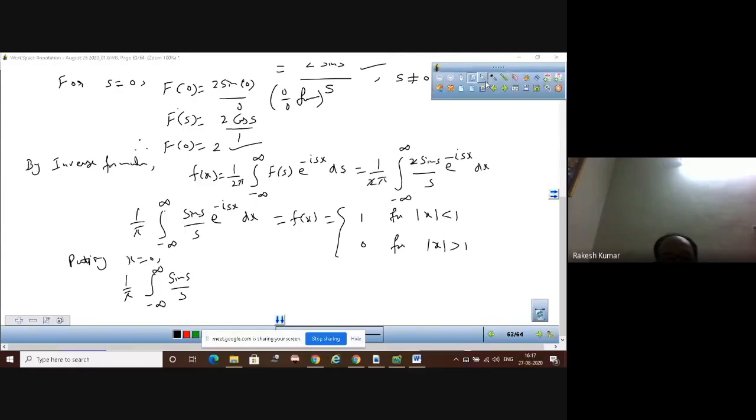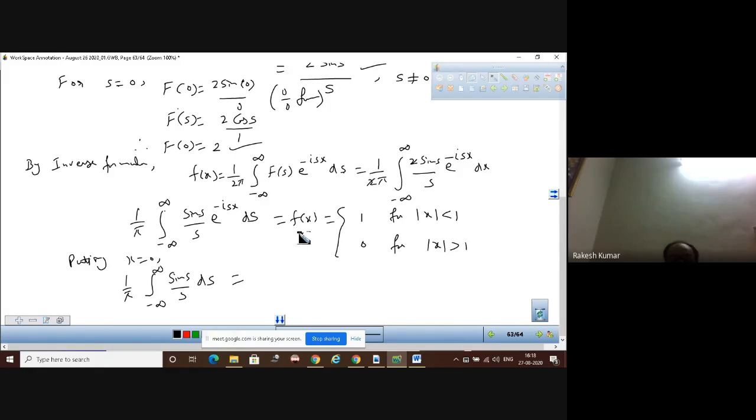There should be s, not x, because this is the integration with respect to s. This is wrongly written; in place of x, there is s. So this is ds. E raised to power 0 comes out to be 1, and that should be equal to f of 0.